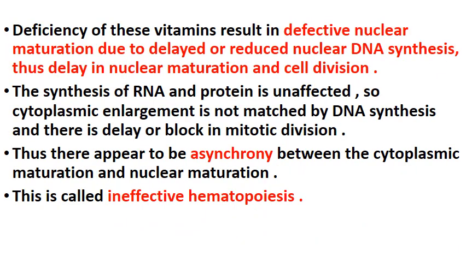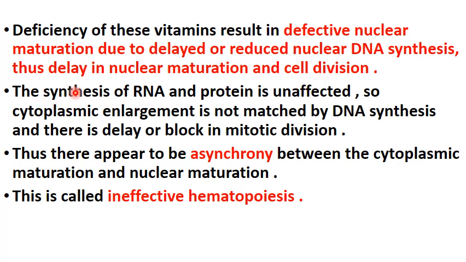Deficiency of those vitamins results in defective nuclear maturation. This is due to delayed or reduced nuclear DNA synthesis, because vitamin B12 and folate are important in nuclear DNA synthesis, which leads to delay in nuclear maturation and subsequently cell maturation and division.